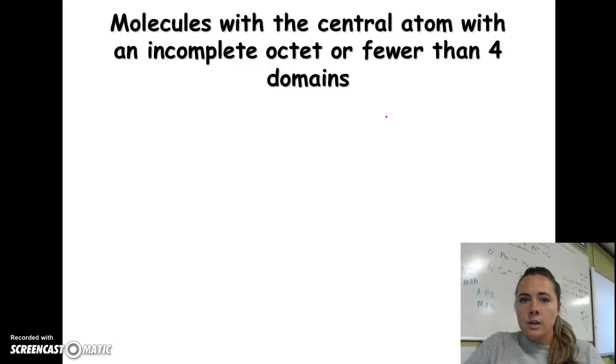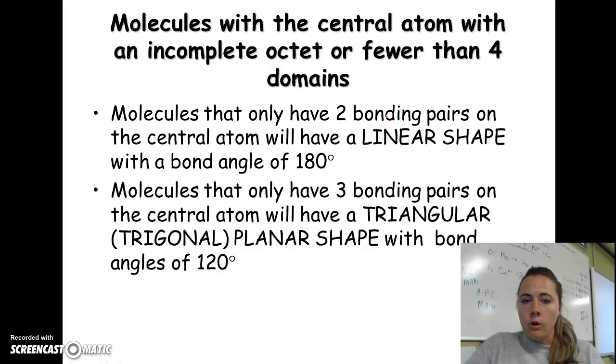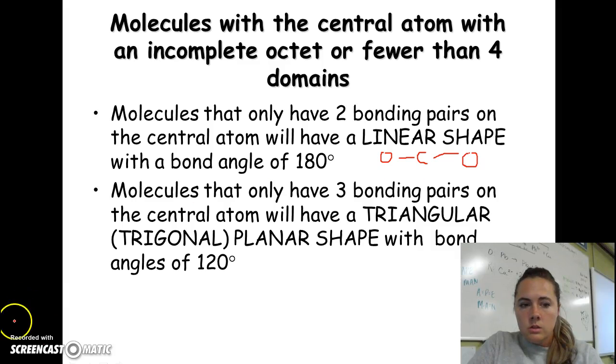So let's look at some of the shapes here. If you only have two domains, or two bonding pairs, you'll have what's called the linear shape. If you have three domains, you'll have what's called triangular planar, or more often trigonal planar, and your bond angle is 120 degrees. So let's look at, for instance, CO2, O, C, O. We'll have a linear shape.